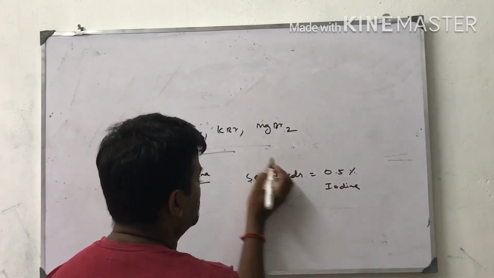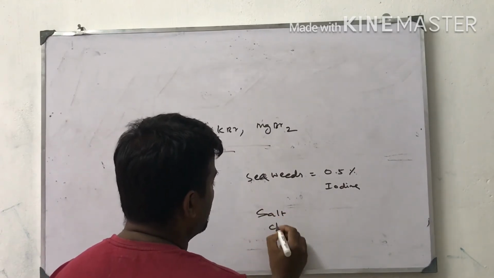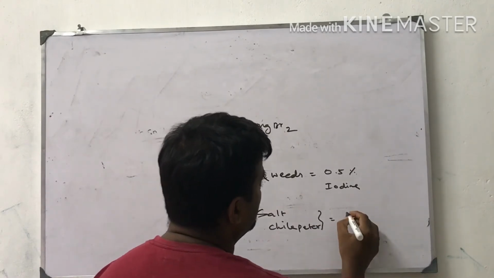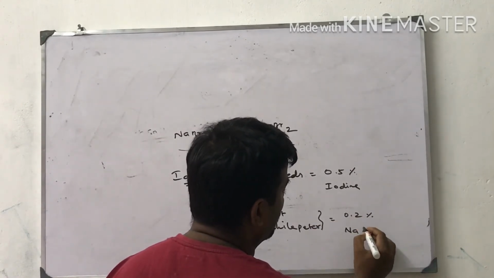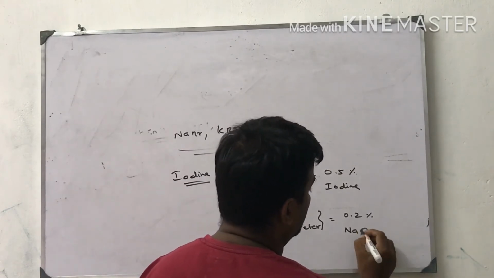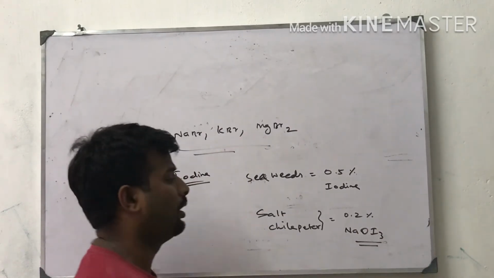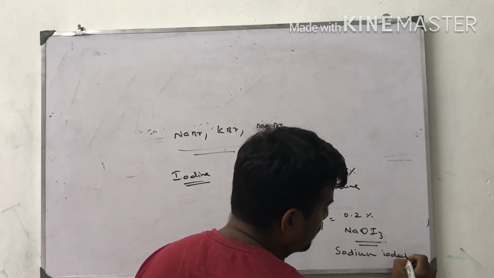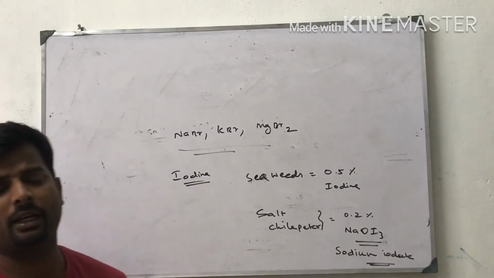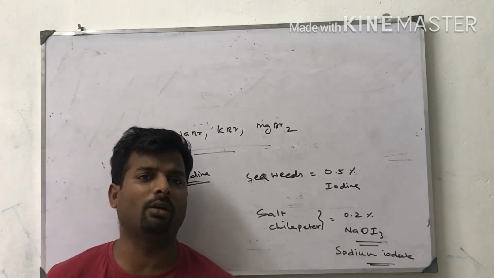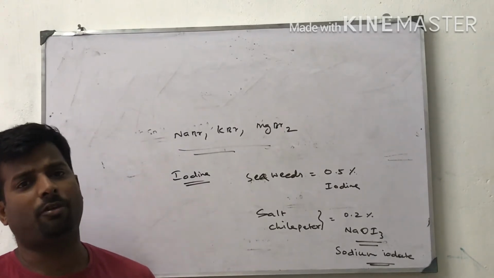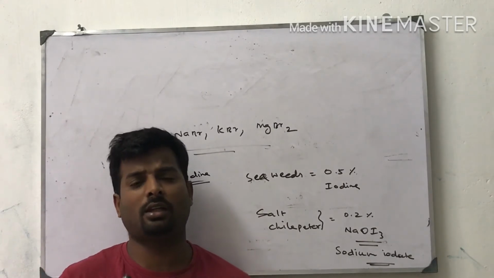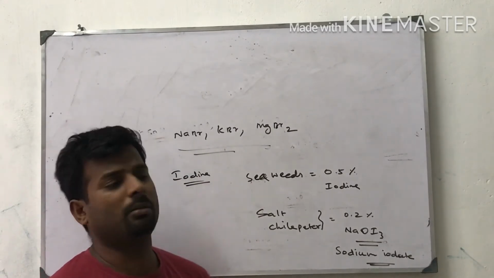And then saltpeter, which is one type of mineral, contains 0.2% of sodium iodate, NaIO3. Some marine animals contain a small amount of iodine. This way iodine can be found. Astatine is a radioactive element, so it is short-lived. So these are the occurrences of the group 17 elements.